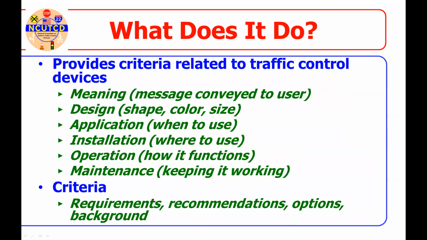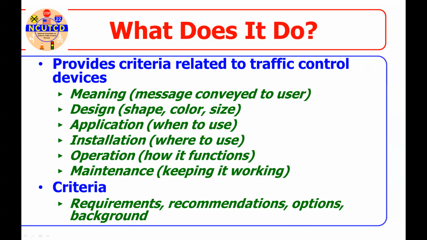Let me spend a minute or two to give you an idea of what the MUTCD does. Essentially, the manual provides criteria for using traffic control devices. For example, it defines the meaning of a device. Essentially, what message is that device trying to convey to road users?